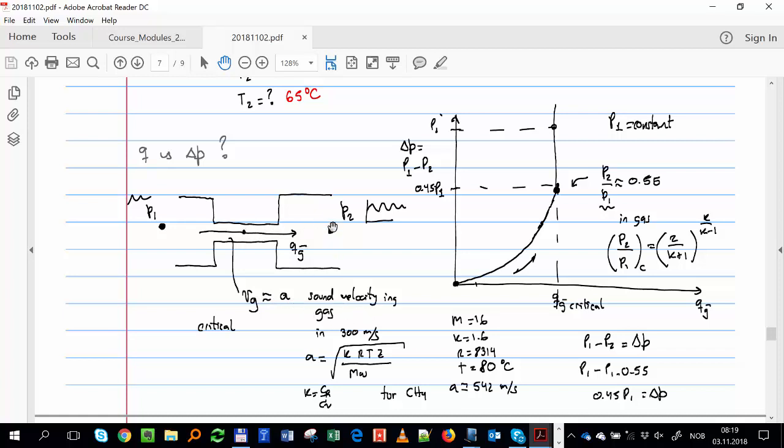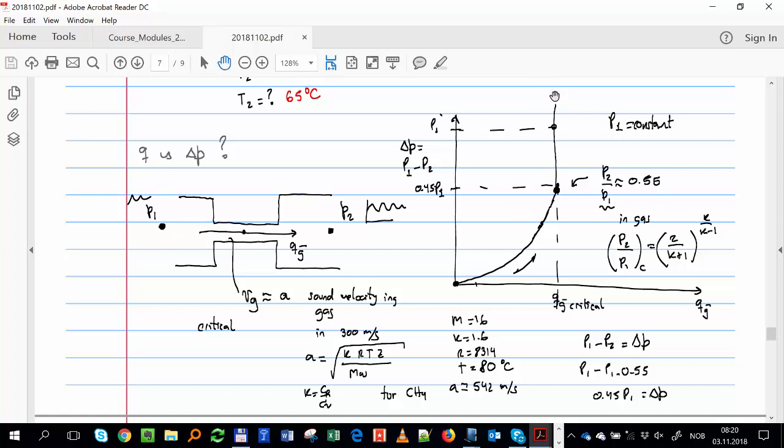That means that any change that happens here won't be propagated up. Okay? That means that it doesn't matter how I lower this pressure. Let's say I put a compressor or a vacuum and it's trying to get more rate, I won't be able to do it, because that pressure change doesn't see at all any pressure change.